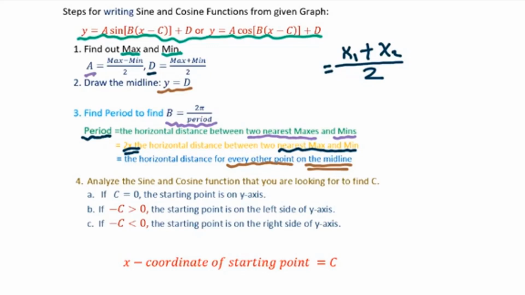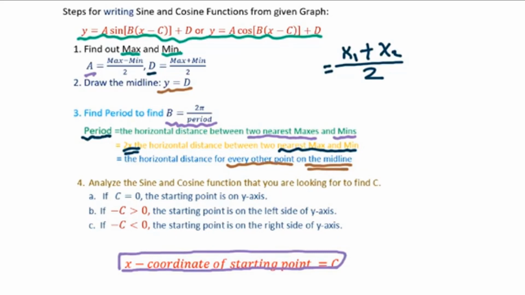After you get the A, B, D, then you need to figure out the C. We know that the x coordinate of a starting point equals C. So you need to figure out the starting point. First of all, you need to analyze the sine or cosine function that you are looking for to figure out the C. If C equals 0, then the starting point is on the y-axis.